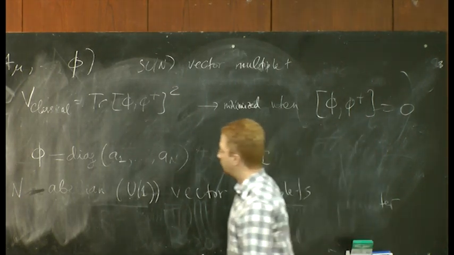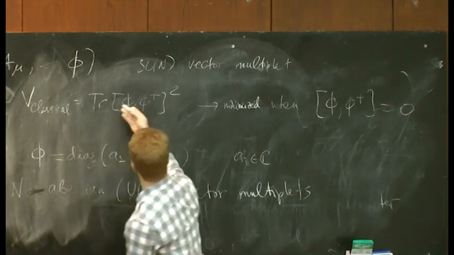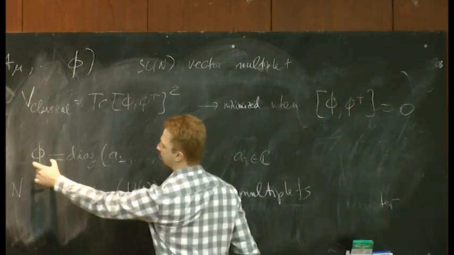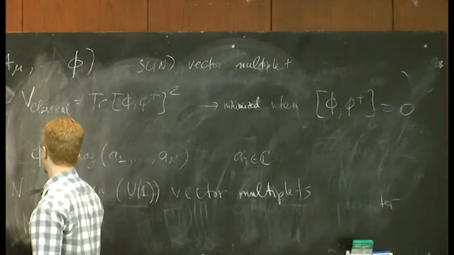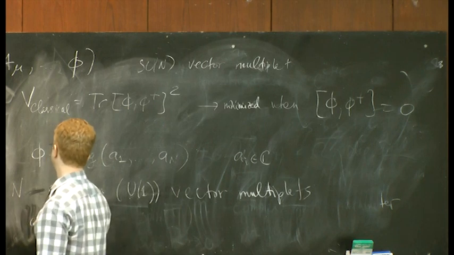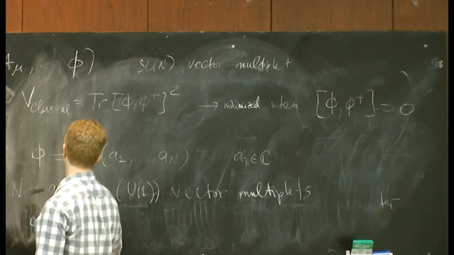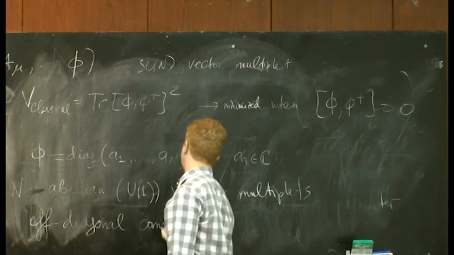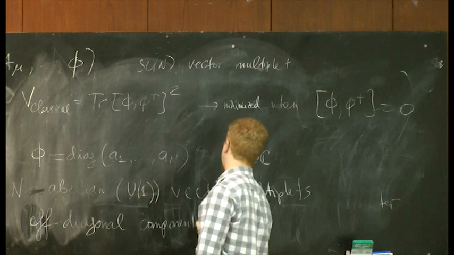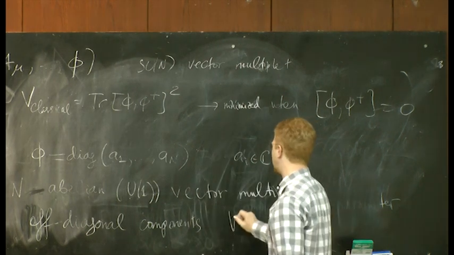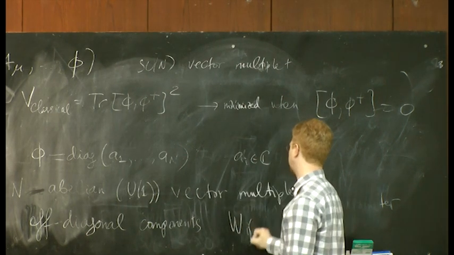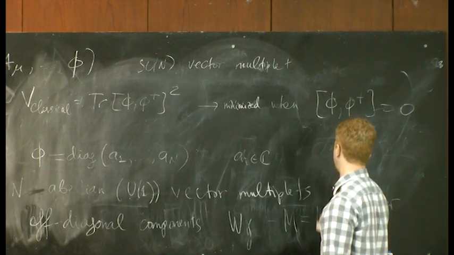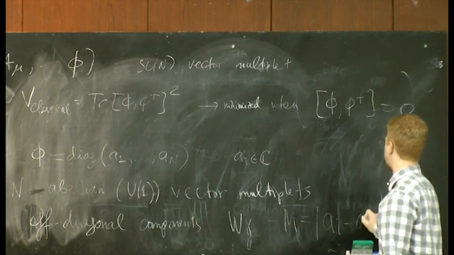And then, when you expand, the off-diagonal components of phi have masses, so these are the vector multiplets where W bosons belong. They also have masses of the order of the difference of these eigenvalues.